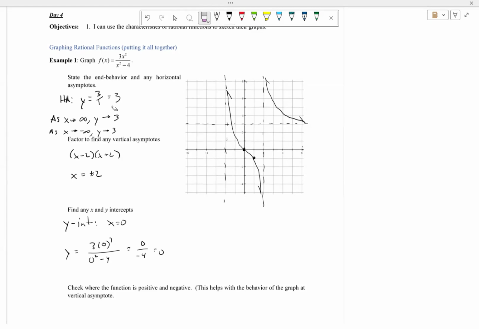Oh, I think I messed up. I failed to recognize this. Wow. A multiplicity of 2. So just like with polynomials, when it's multiplicity of 2, it touches.